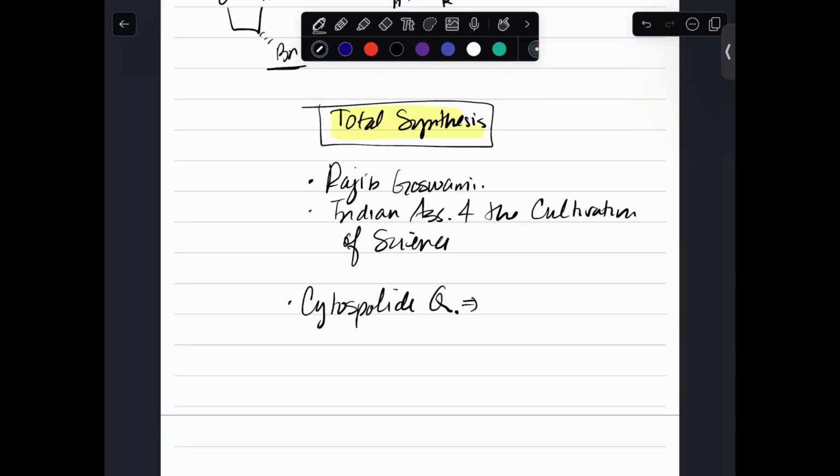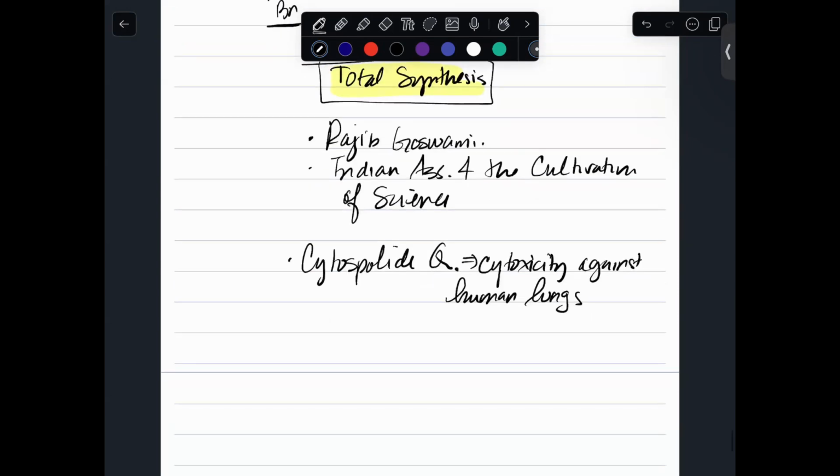And it's shown cytotoxicity against human lung adenocarcinoma. Let me draw you the structure of this molecule.